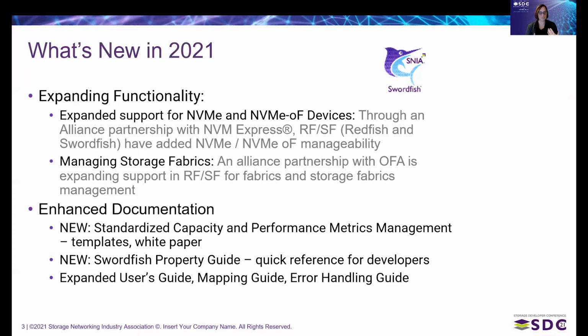We've also been working on managing storage fabrics through yet another alliance partnership. So DMTF and SNIA are again working with OFA to work on expanding and completing the definitions of fabrics in Redfish, and then adding the storage fabric management and expanded use case support.